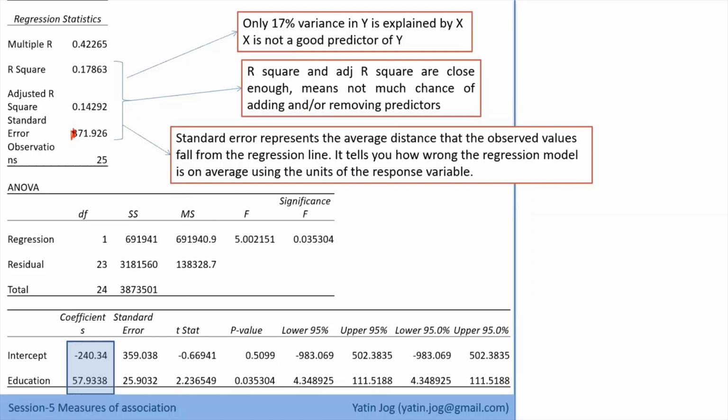That means the R square value, your confidence, your data model strength is only 17%. But the standard error is also less, 71. It is a small value. So considering standard error, maybe in this domain, even 0.17 to 0.20 is an accepted R value. That is what you can conclude using the standard error value.